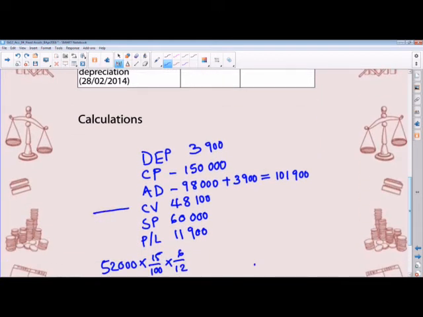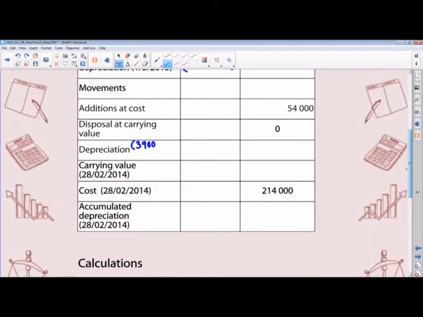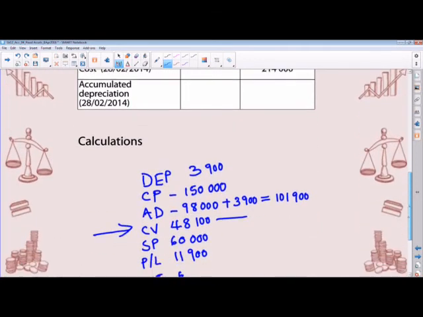Voila. There's the carrying value of the vehicle that I disposed, 48,100. Immediately I say fine, 48,100 is the carrying value of the vehicle that I disposed of. Can you see the importance of doing this particular table?